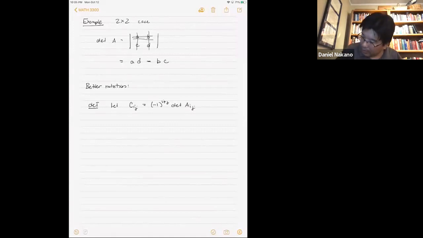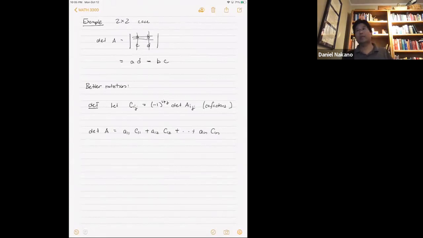Now, when we write this, we don't have to worry about putting in the negative ones, right? So this is going to be equal to A11 C11 plus A12 C12 plus through A1n C1n. These are called the cofactors. So you put the signs in with the determinant, and then you can write out the determinant in a cleaner form.